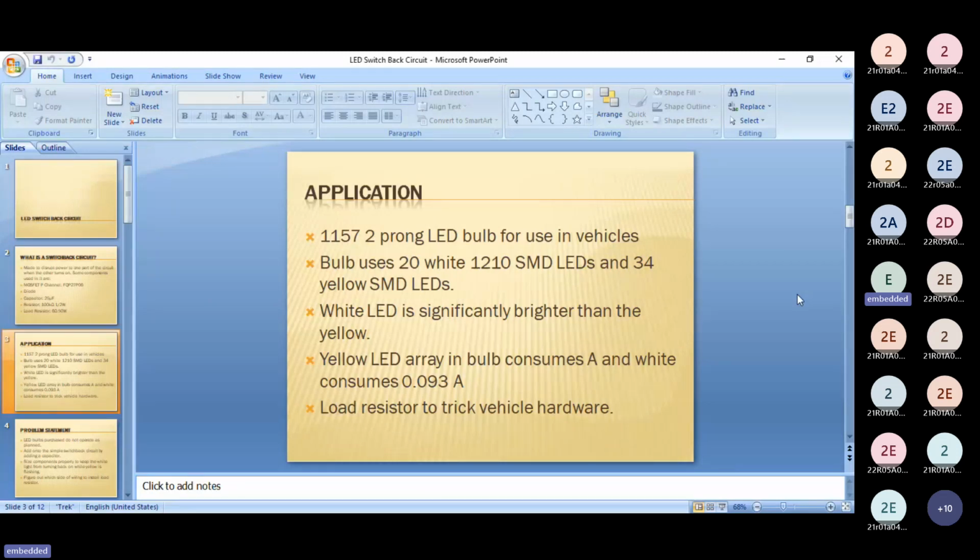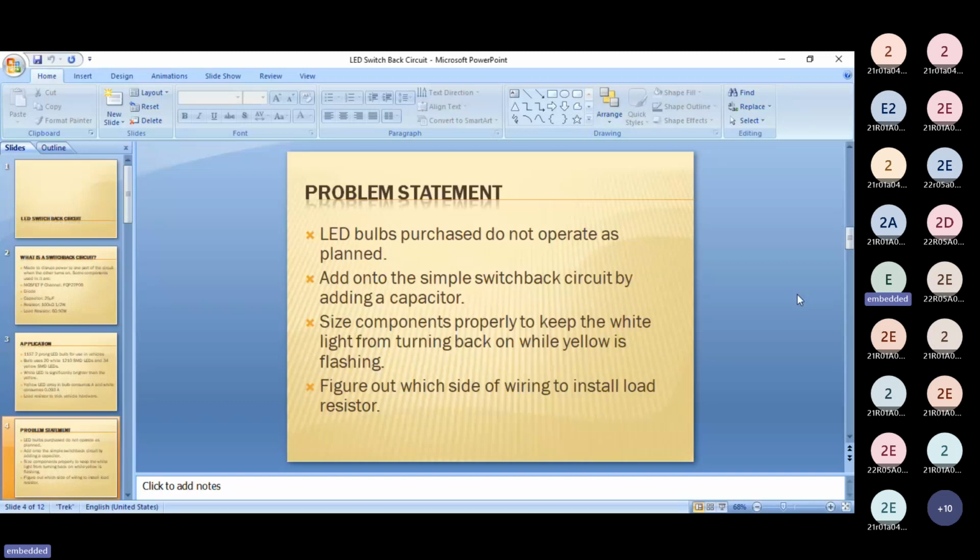So here the bulb uses 20 white 1210 SMD LEDs and 34 yellow SMD LEDs. This was the configuration of the lights which we use in the vehicle. So the total LEDs used in the vehicle were 1157 two-prong LEDs.